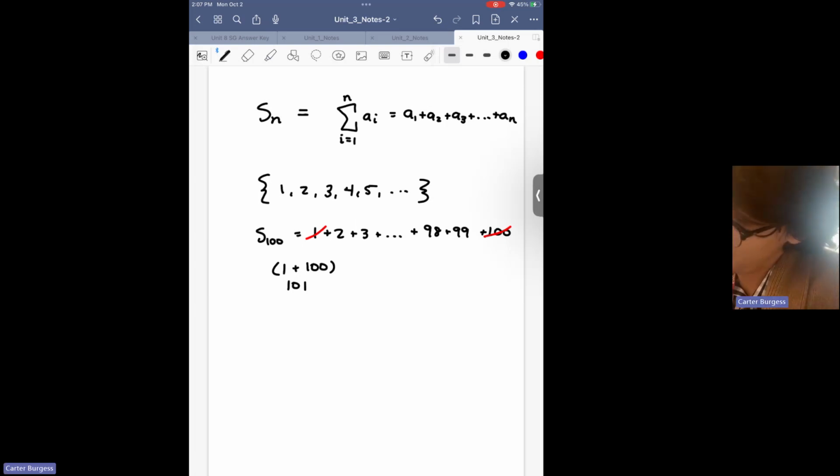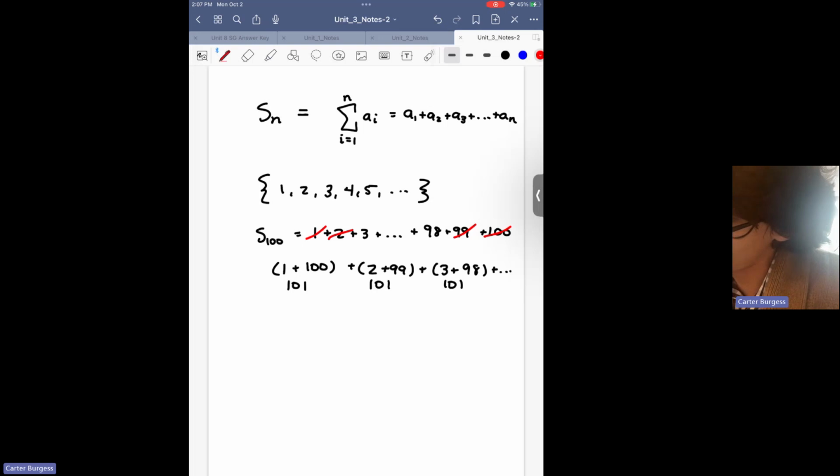What will I get if I do the same with my second term and my second from the last term? I will also get 101. Okay, what about my third term and my third to last term? Also going to get 101.